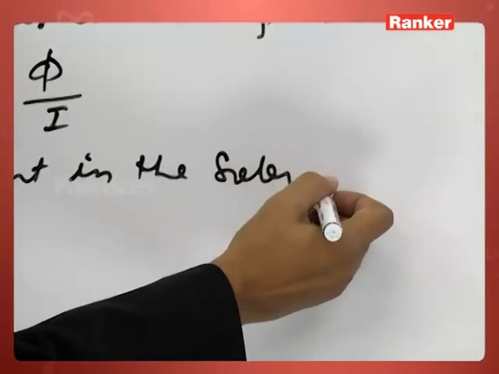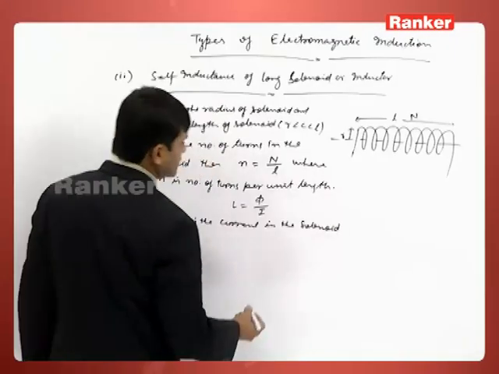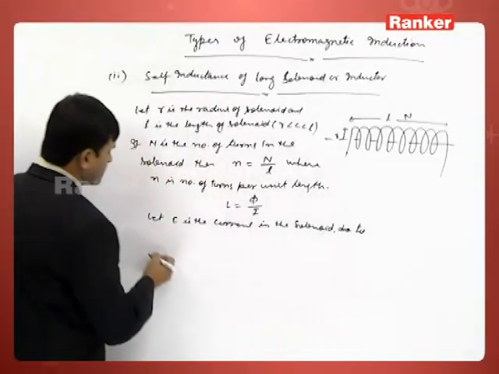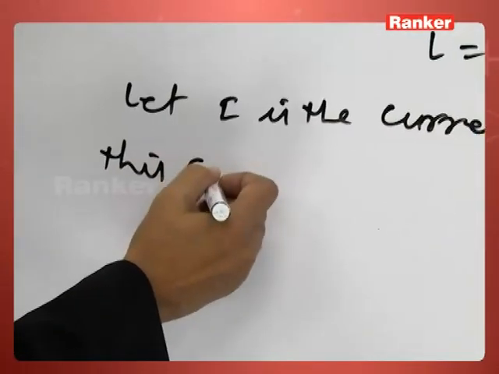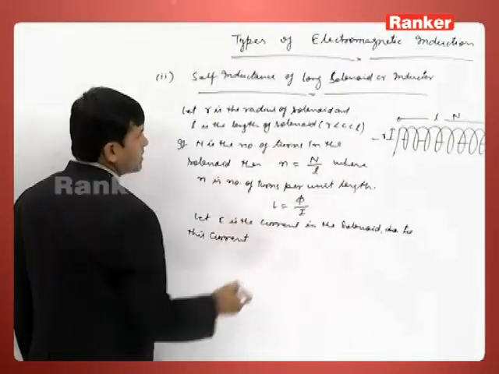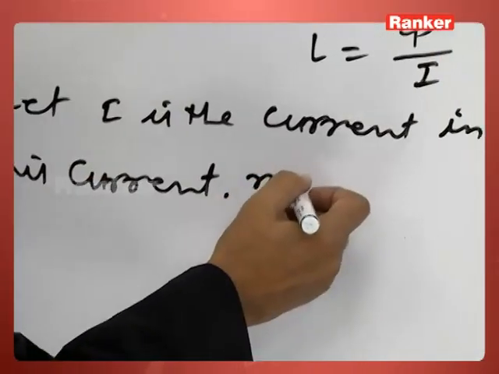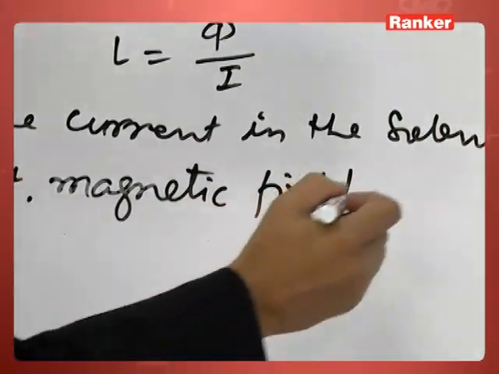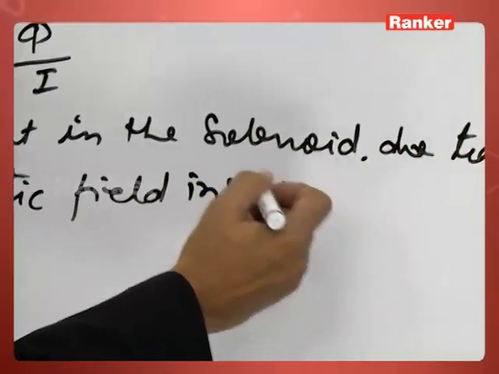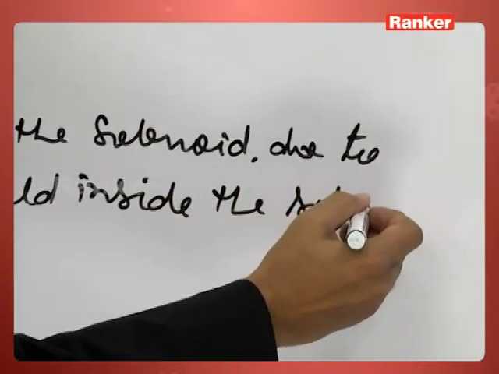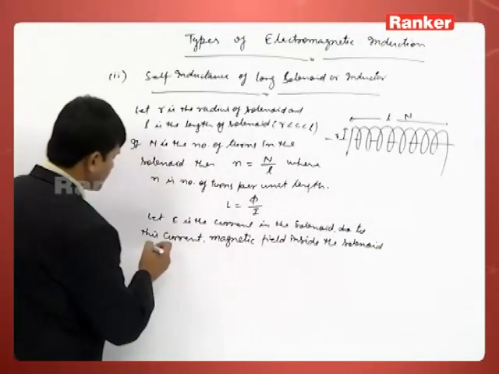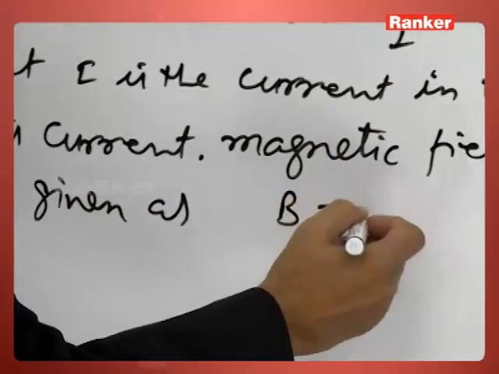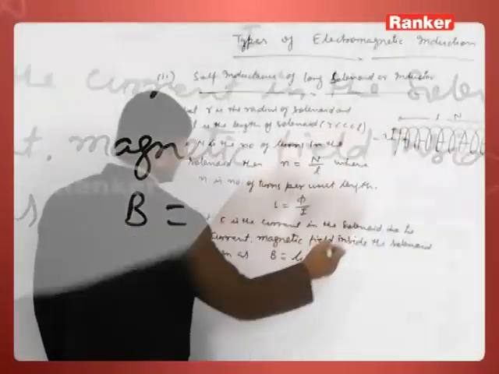Due to this current, the magnetic field inside the solenoid is given as B = μ₀ n I.